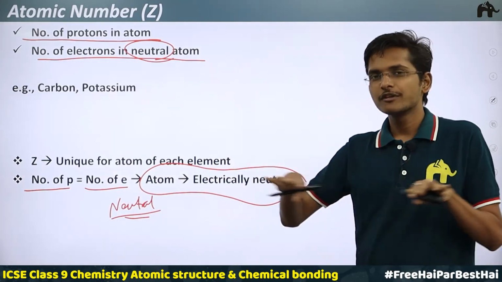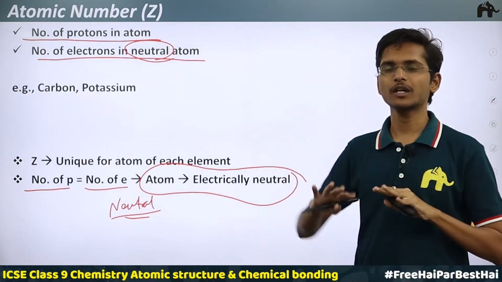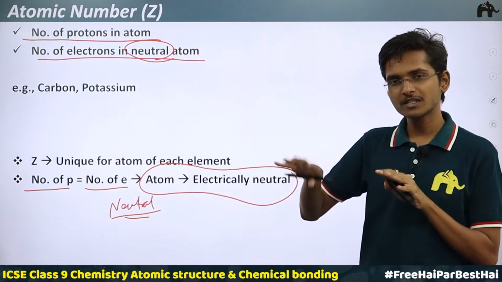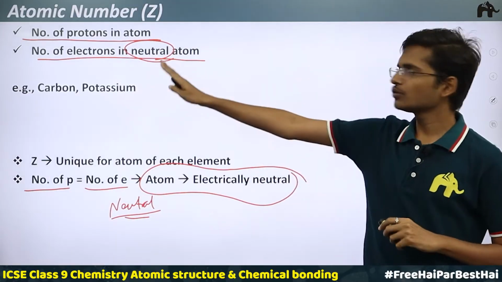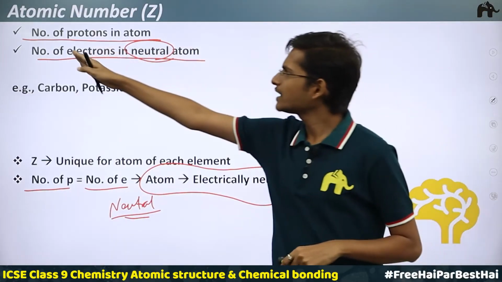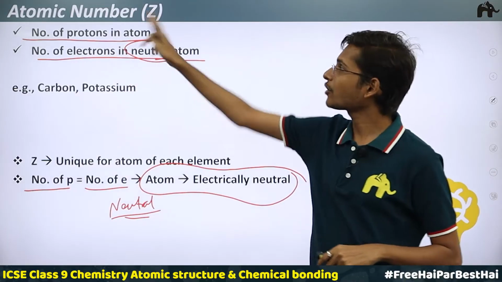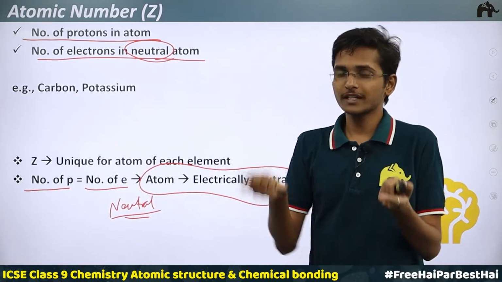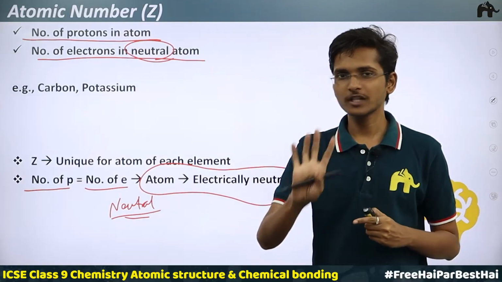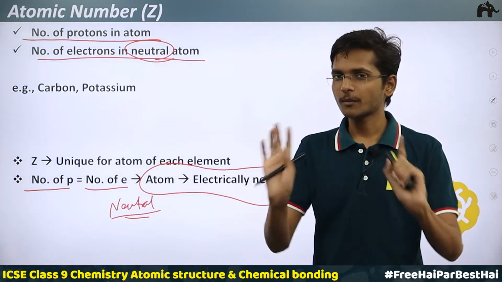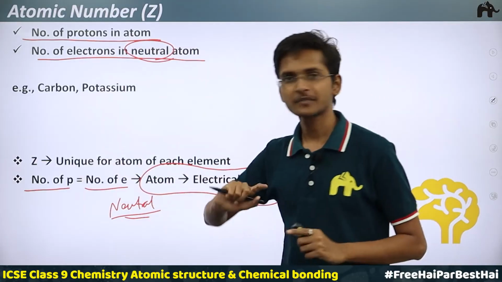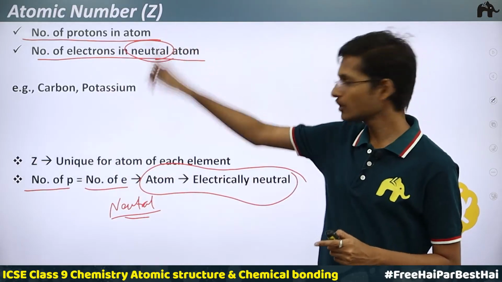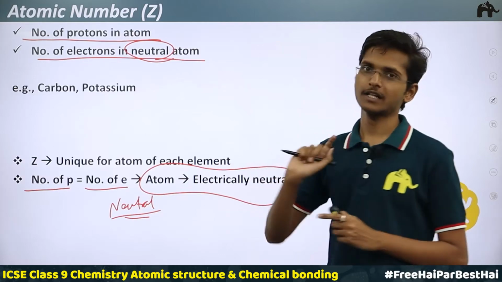It wants the same amount of positive charge and the same amount of negative charge in it. So if the number of protons in an atom is the atomic number, we also know that if there is no charge on the atom, then the number of electrons would also be equal to the number of protons, right? So that's why our atomic number is also the number of electrons in a neutral atom.